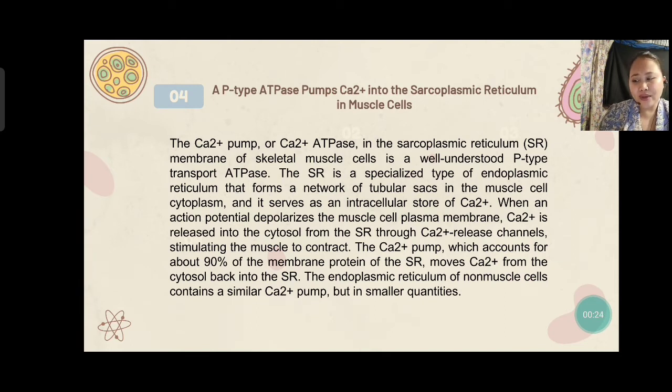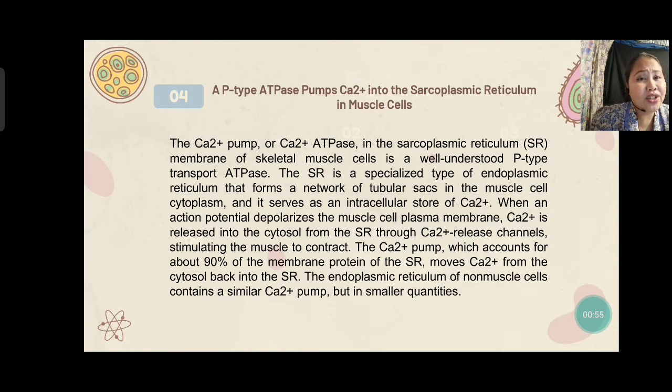As we have known, the P-type pumps are called so because they phosphorylate themselves during the pumping cycle. This sarcoplasmic reticulum is a specialized type of endoplasmic reticulum that forms a network of tubular sacs in the muscle cell cytoplasm, and it serves as an intracellular store of calcium.